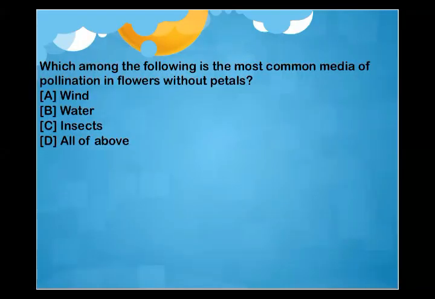Which among the following is the most common medium of pollination in flowers without petals? Some plants don't have very attractive petals for pollinators. The wind pollinating plants don't have attractive flower petals to assist the pollinators.